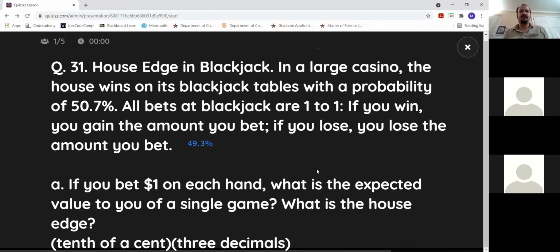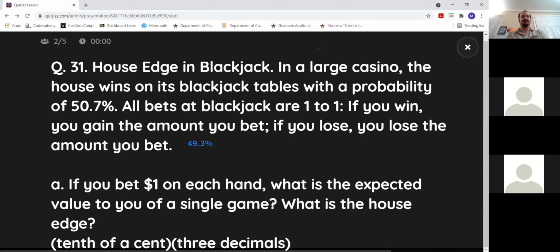We're doing it from the player's perspective. So if we bet it, what's the expected value of a single game from the player's perspective? And the second question is house edge.